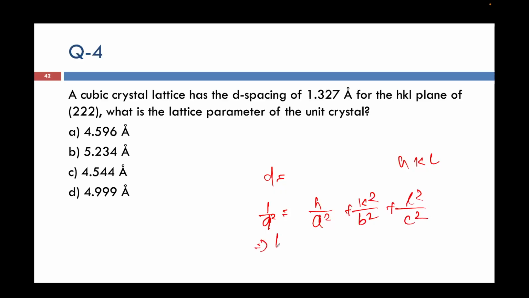Since in a cubic crystal all of a, b, c are the same, 1 by d square is equal to h square plus k square plus l square by a square.